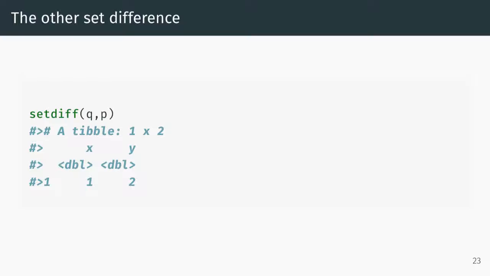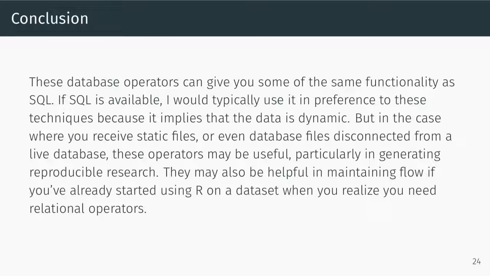And that's it. That's all there is to this chapter. These database operators can give you some of the same functionality as SQL. If SQL is available, I would typically use it in preference to these techniques because it implies that the data is dynamic. And by dynamic, I mean that the database is live, that the results you get from one query may differ from the results that you get from another query a few moments later because the data is being updated.